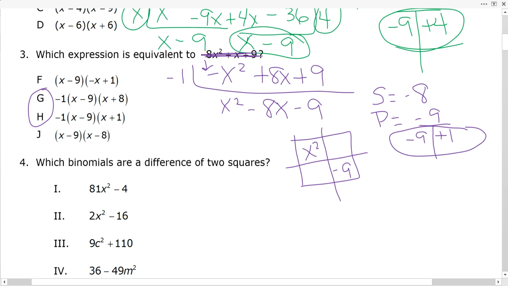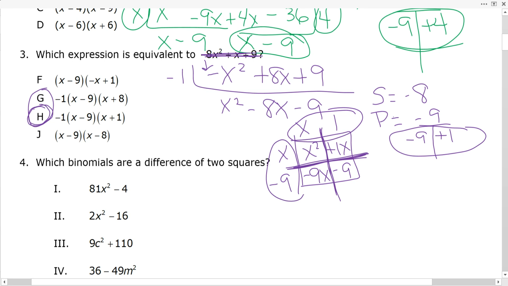My magic number's in the middle, so I'm going to have -9x plus 1x. Looking for greatest common factors, x on top, -9 on the bottom. And then left and right, I'm going to go in my columns, x on top, and 1. So my factors are going to be x minus 9, x plus 1, with a -1 in front, so H is the correct answer.